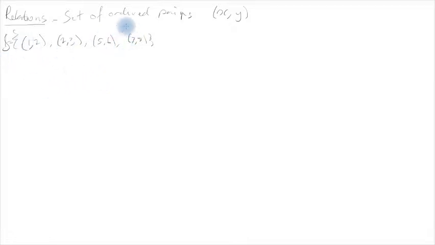But you can write ordered pairs as a rule, if you like. For this particular case, we could write this relation S as the set of ordered pairs (x, y) such that y equals x plus 1.